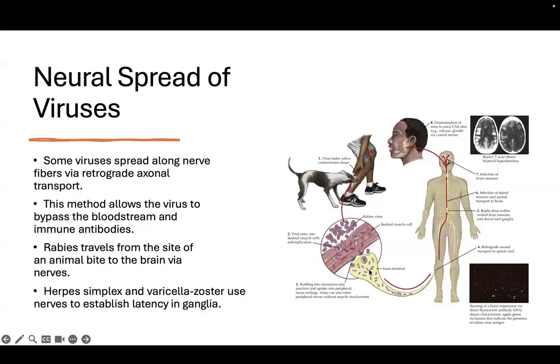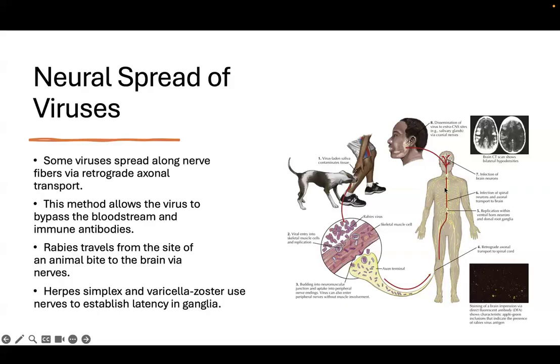Once inside the neurons, specifically these axon terminals over here, we know that a lot of neurons have these massive axonal nerves, really big nerve endings, that travel all the way from, let's say, your calf muscle, all the way towards your brain.